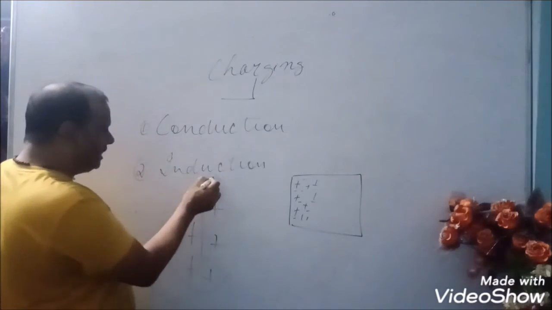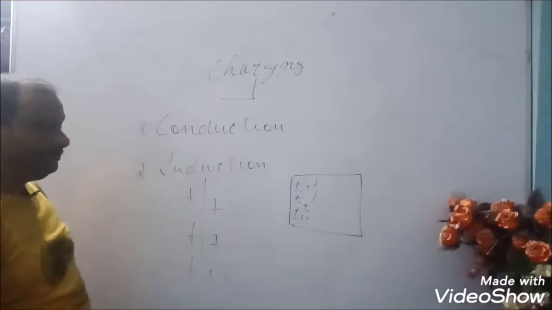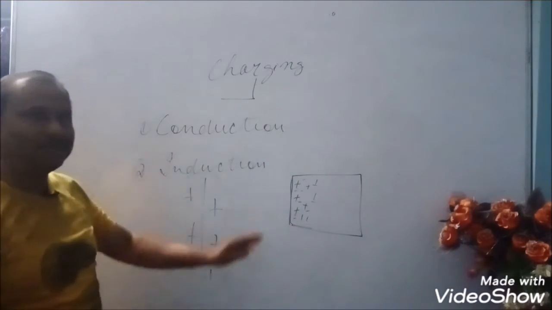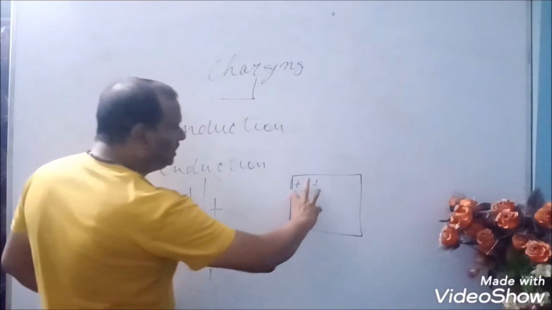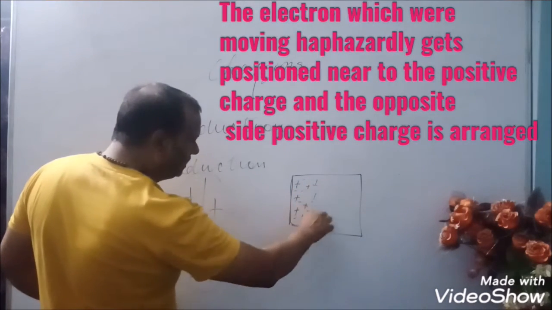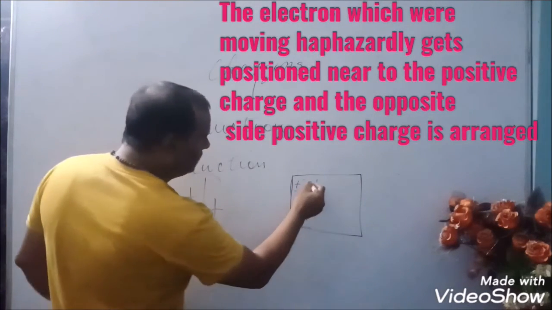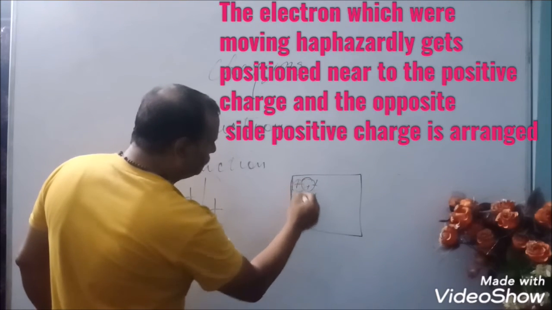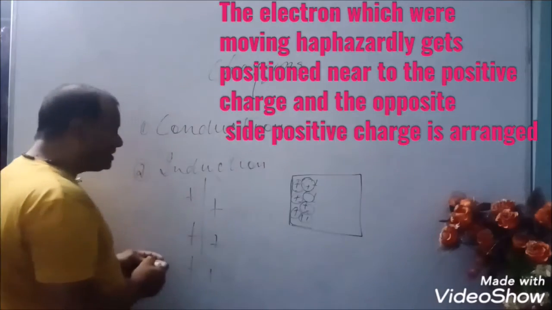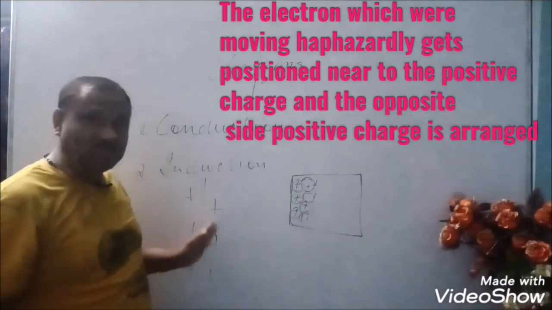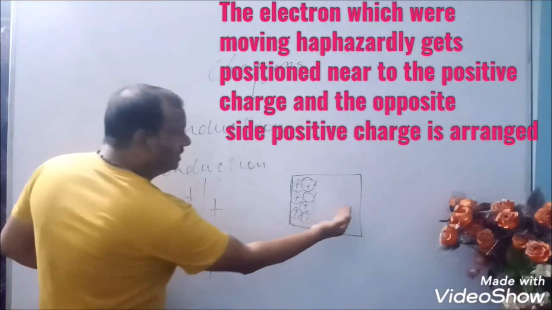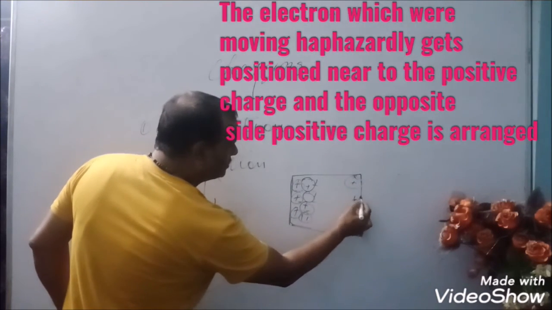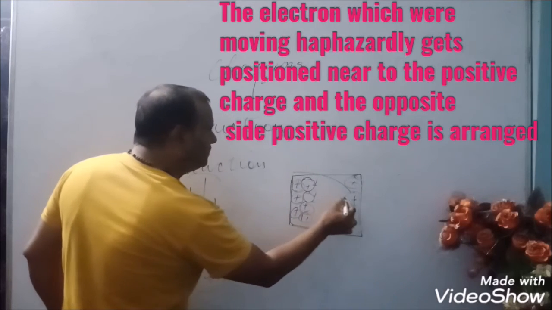Now the moment I bring this positive charge near this body, which is stable, all the electrons that were moving within the atom under the electrostatic force of attraction, since a strong positive charge is near, will drift.